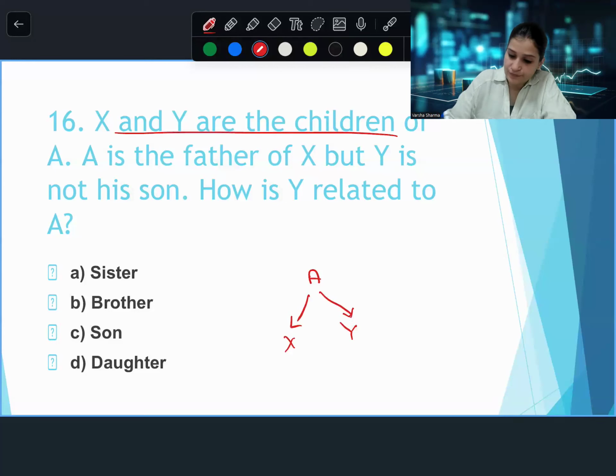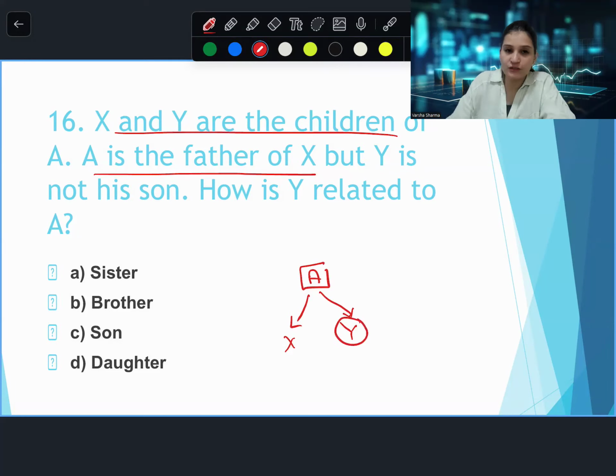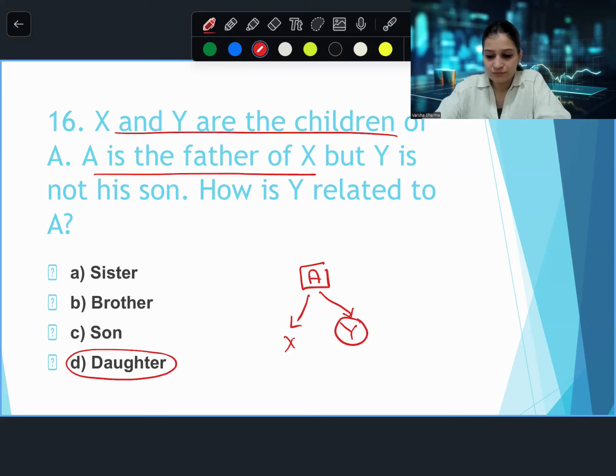Agree? Yes, ma'am. A is the father of X, but Y is not the son. If Y is not the son, then Y is daughter. That's it. Clear? Yes, ma'am.